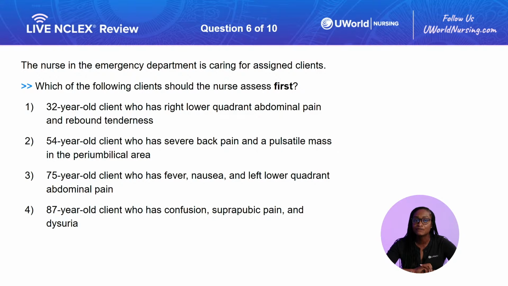Option 2, a 54-year-old client who has severe back pain and a pulsatile mass in the periumbilical area. Option 3, a 75-year-old client who has fever, nausea, and left lower quadrant abdominal pain. Or option 4, an 87-year-old client who has confusion, suprapubic pain, and dysuria. Let me know what you guys think in the chat.